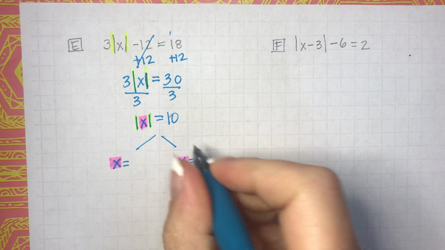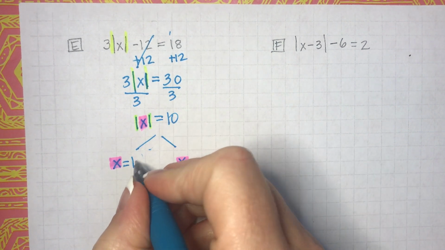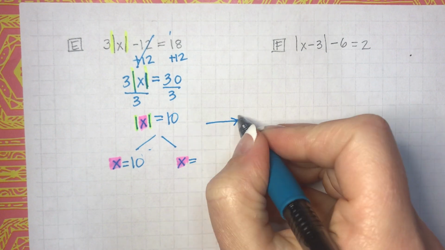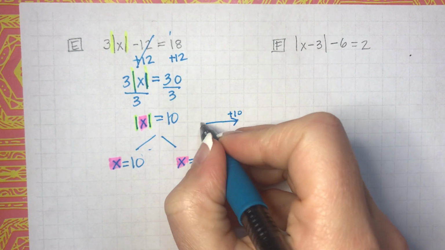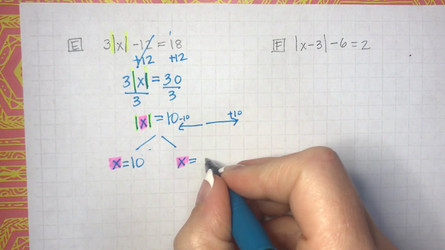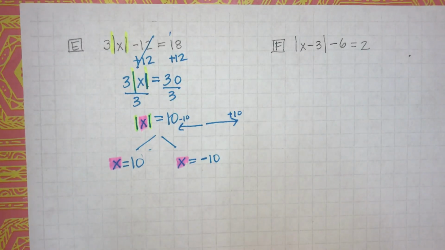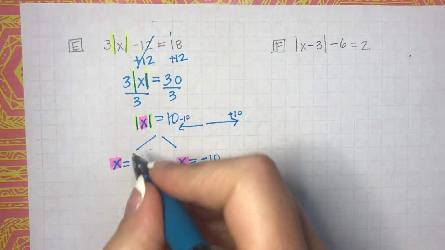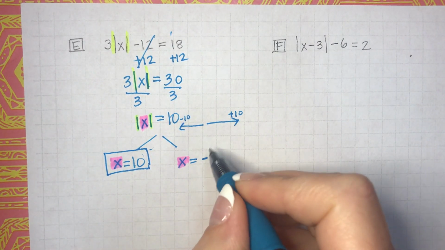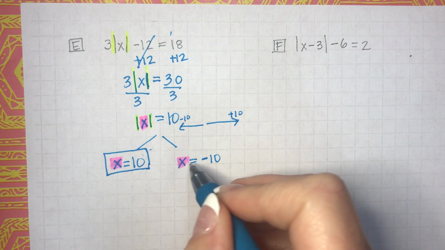This is going to equal a positive 10 here. Remember, we're going to go 10 this way, which will lead us to positive 10, and then we're going to go 10 the other way, which would lead us to negative 10, which is right here. Okay, and there's our two answers. x equals 10 and x equals negative 10.